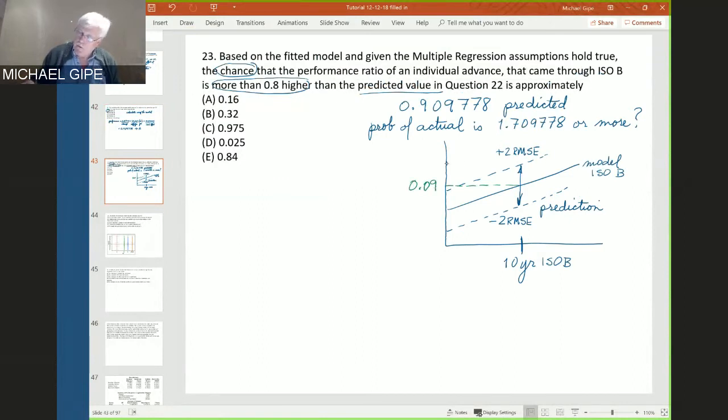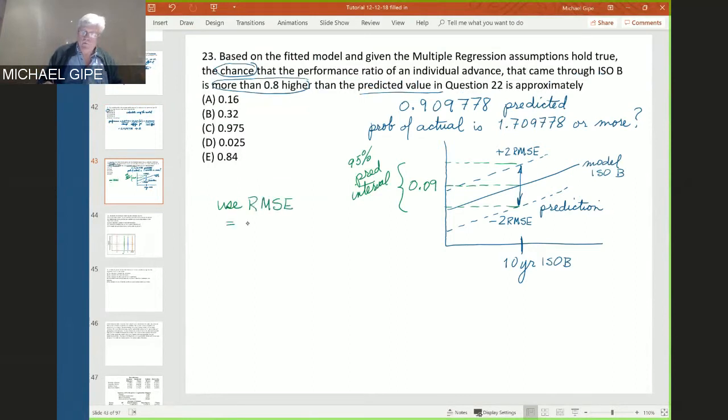And then our prediction interval for 95% confidence is what? Well, we're going to use RMSE to calculate that interval.